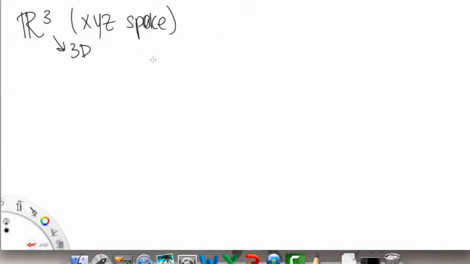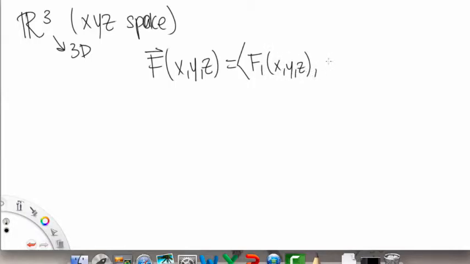So what this is going to look like is you're going to have an f of x, comma, y, comma, z. And now, I actually might need more space, but we'll try to squish it in. We have 3 components, okay, and each of them depend on x, y, and or z.